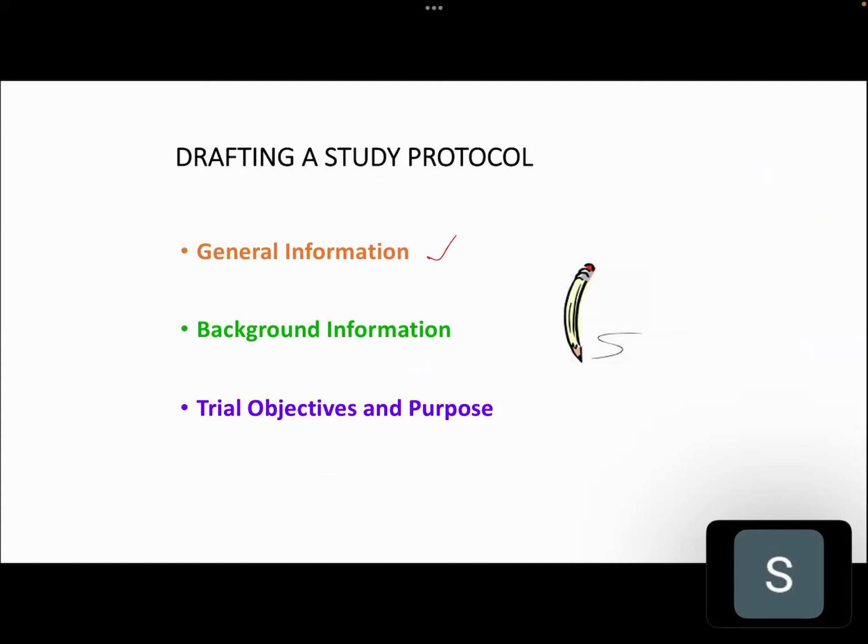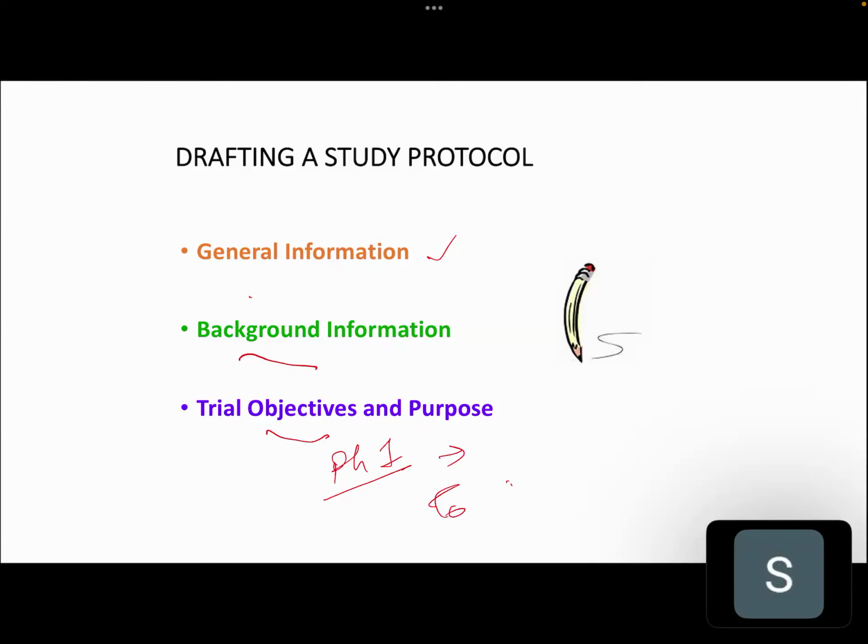Very first, we give the general information. If you have my medical writing book, you will also see a dummy protocol. General information you will be able to get. Okay? Then background information, why you are doing this trial. Trial objective. So this is your phase 1 trial. I just wanted to give you an idea in a very simple way. What is the goal of a phase 1 trial?